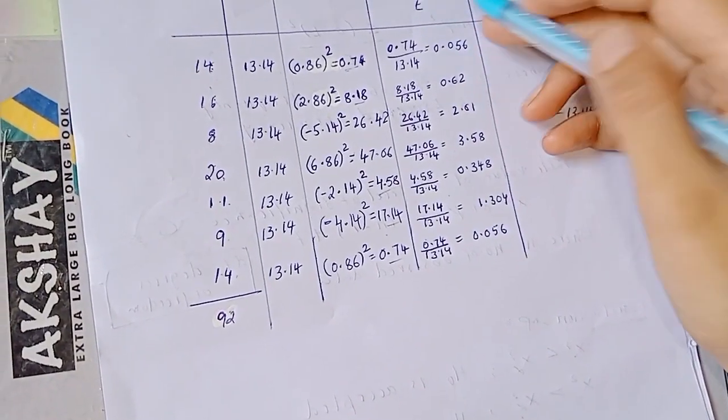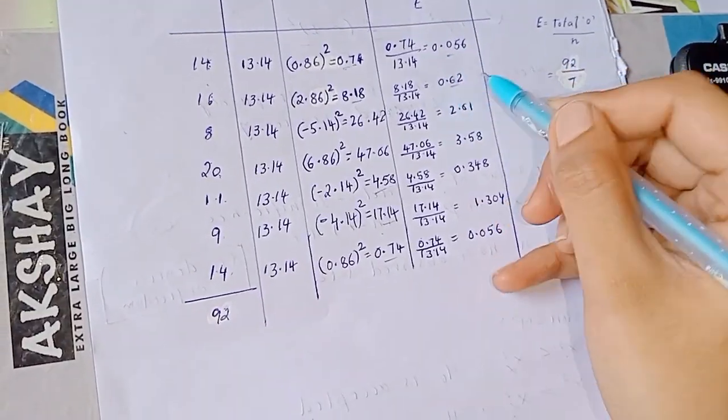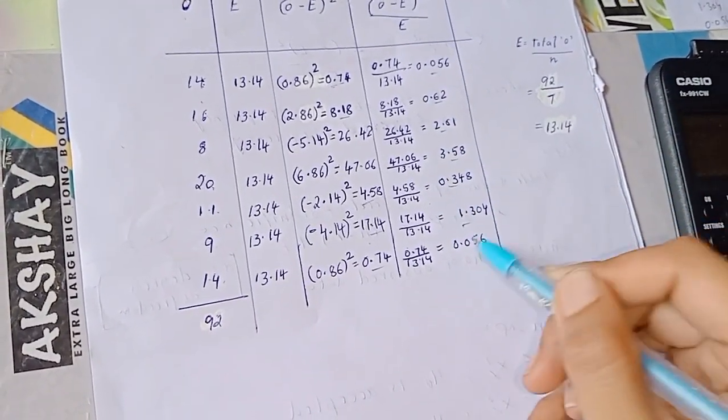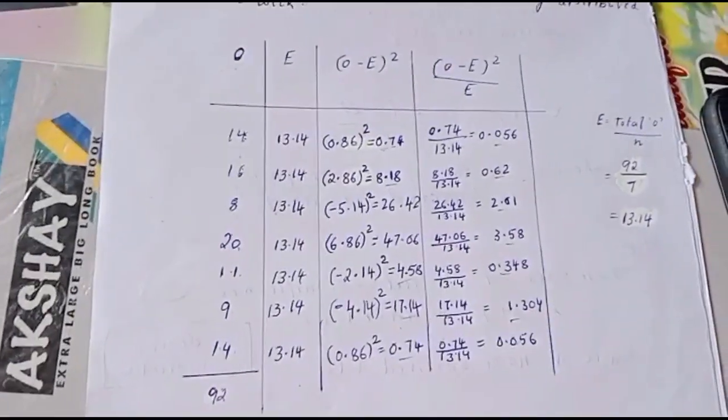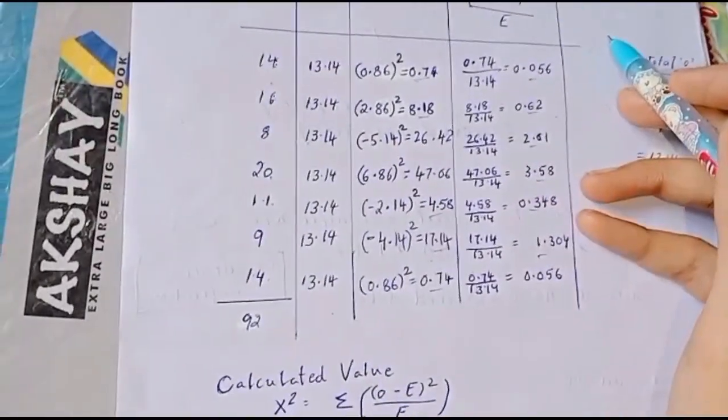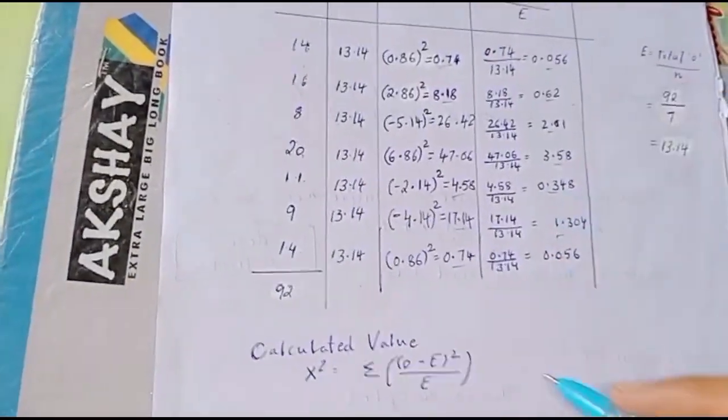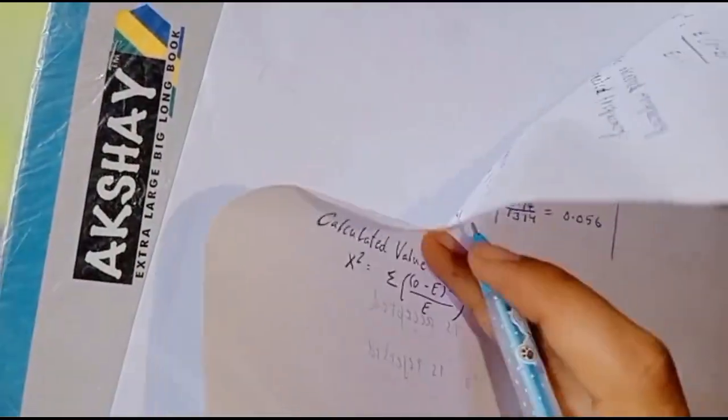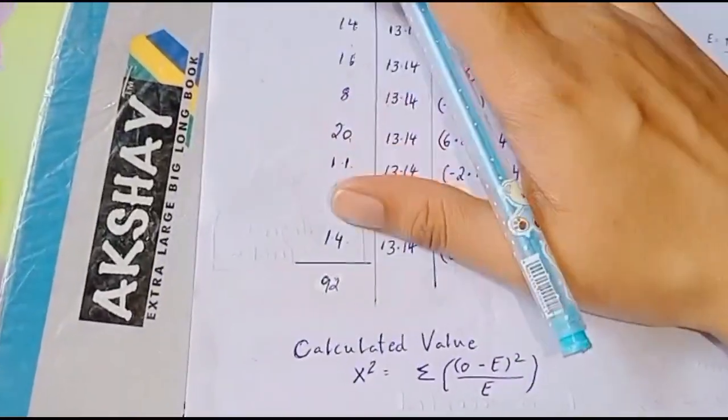These are these values. Okay. Now we completed the table and we go on to calculate the value of x square.